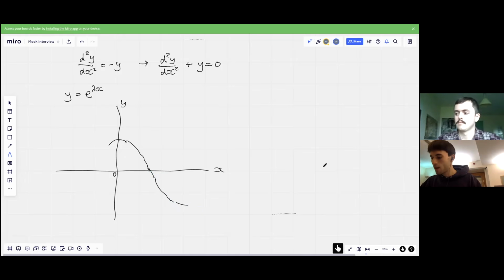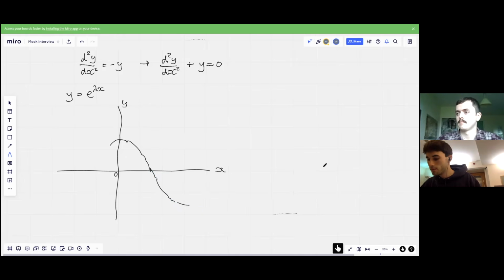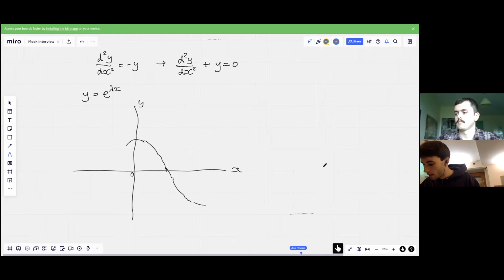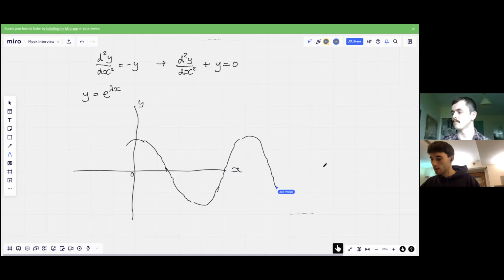And at that minimum value, it will then start increasing. I think this pattern would then continue: positive y will go to a maximum, and negative y will go to a minimum. So maybe something like this.